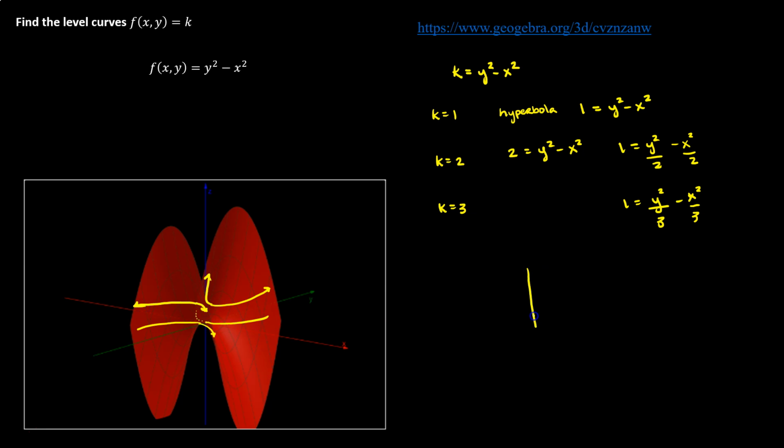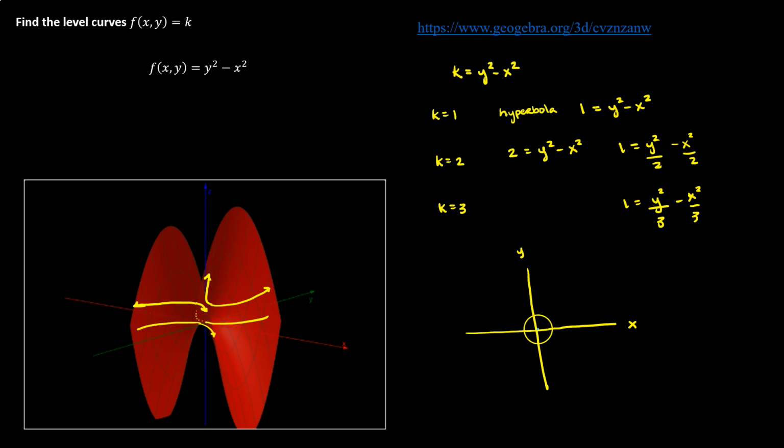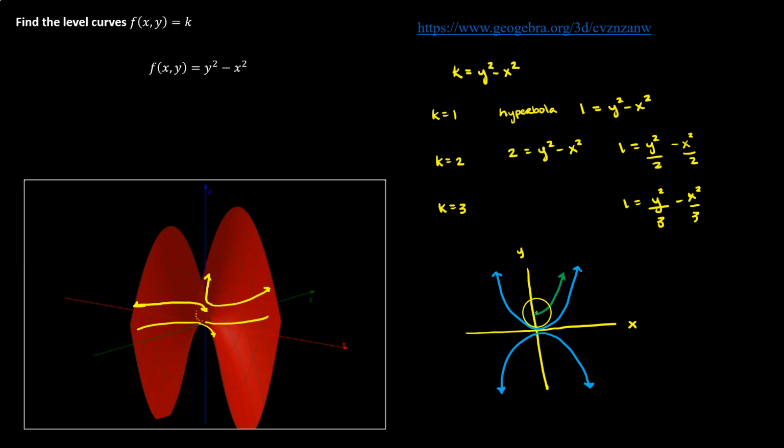So when we go to graph our level curves, let's do these in different colors to really make them pop. So this is just a sketch. We're not doing a perfect graph here. But if we were to let k equal 0, then we would get this set of hyperbolas. As k increases, the hyperbola is moving away from the origin and it's also contracting.